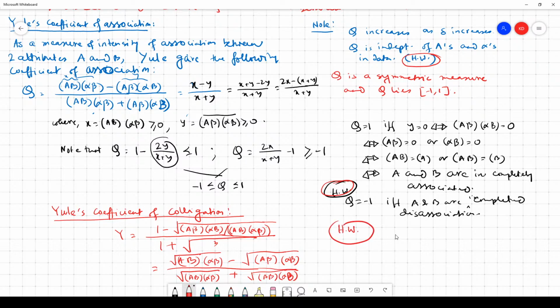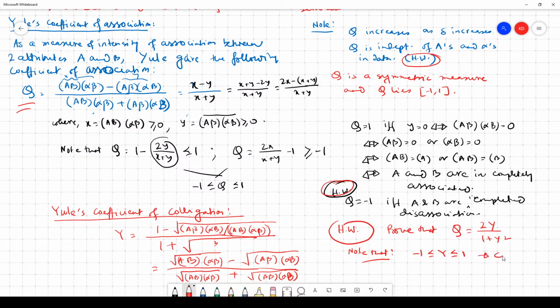Prove that Q equal to 2y by 1 plus y square, where Q is the association coefficient and y is the Yule coefficient of colligation. Please prove this. Another thing, note that y has the same property, that is y also lies between +1 and -1.